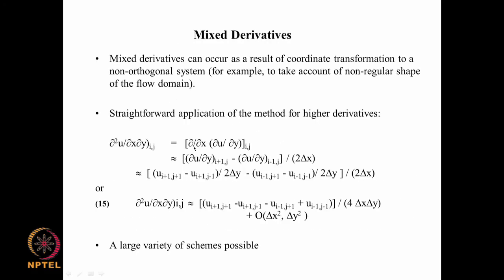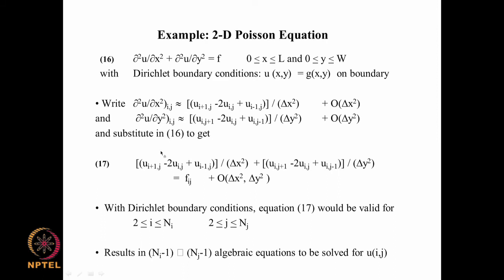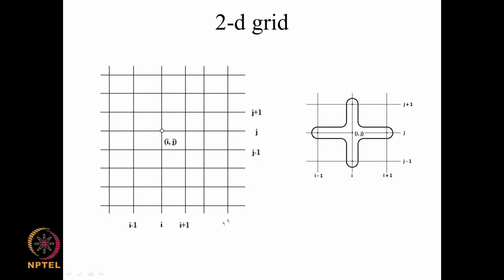Okay. Now, what we have done for the second derivative and third derivative, we can also do for a mixed derivative. What we mean by mixed derivative is, for example, a term like dou square u by dou x dou y. Since a mixed derivative requires at least 2 independent variables x and y, we are now talking about the partial derivative dou square u by dou x dou y at point ij. So, we are looking at a 2-dimensional grid like this. You have x direction, y direction, and you have delta x.